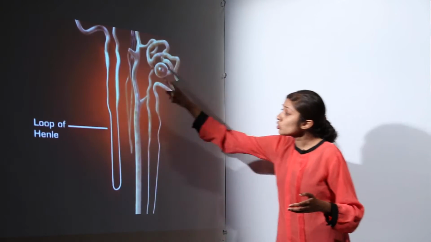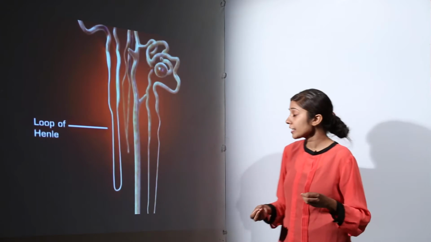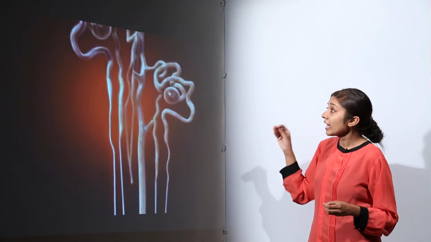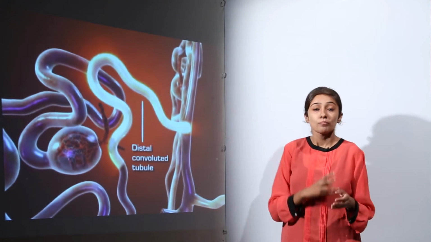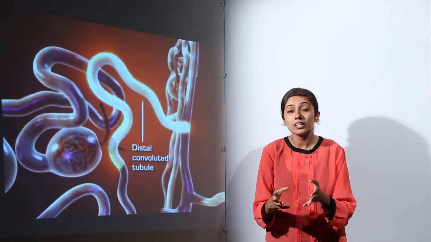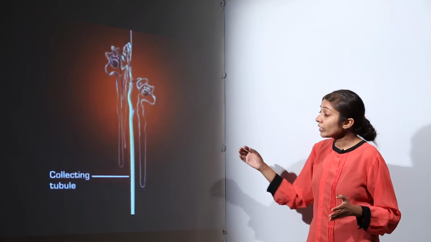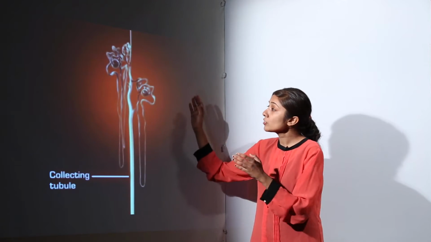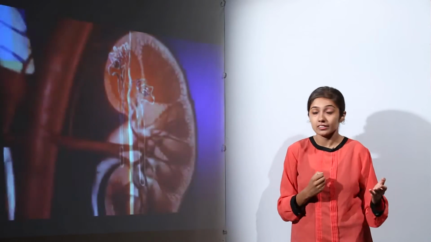Then we have the U-shaped loop of Henle, where absorption of water and salts takes place, and then the distal convoluted tubule, where the concentration of the urine is also managed, meaning water balance takes place. Collecting tubules connect these nephrons and collect the urine.